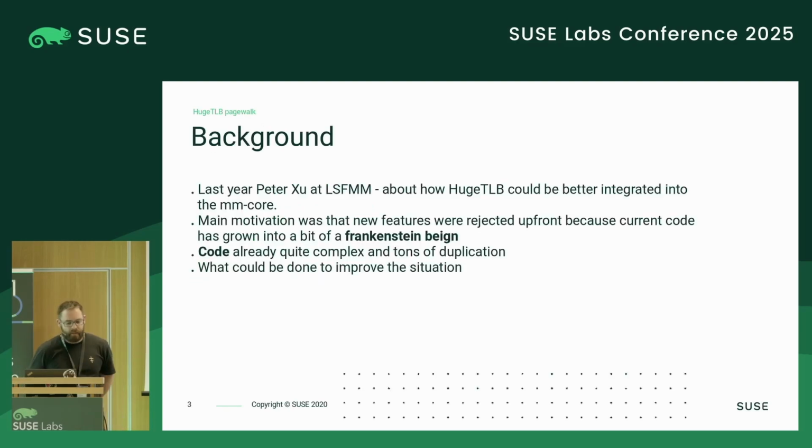So the background is that last year at LSFMM, Peter Xu from Red Hat gave a talk about how we could further integrate HugeTLB into the generic core. The reason is that lately, for the past 2 or 3 years, some people have tried to add new features in the HugeTLB code, but it was rejected because the code itself is already quite complex and convoluted.